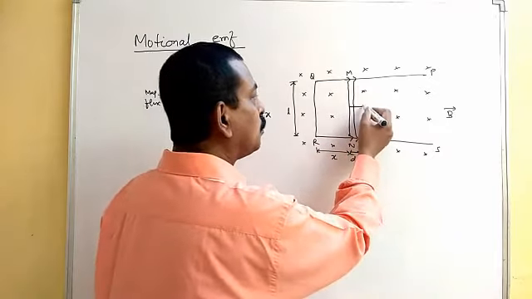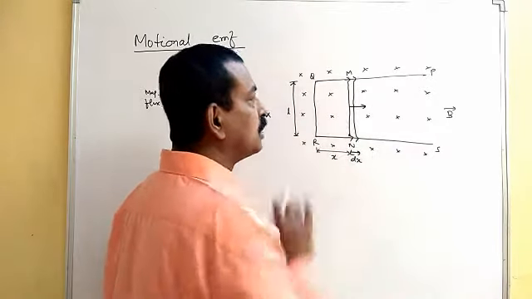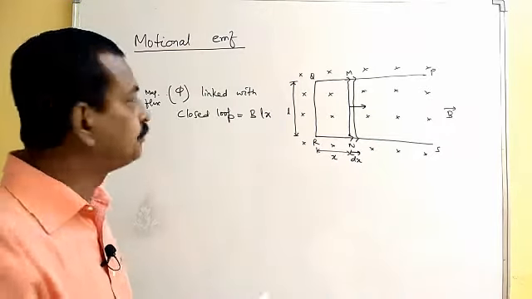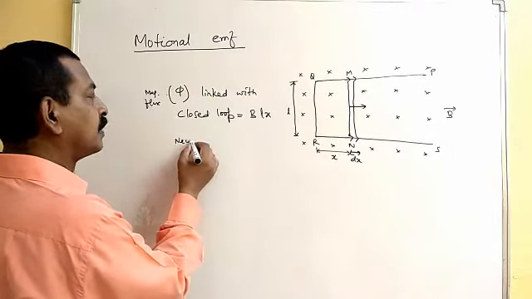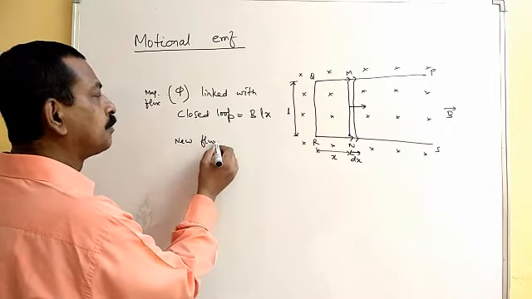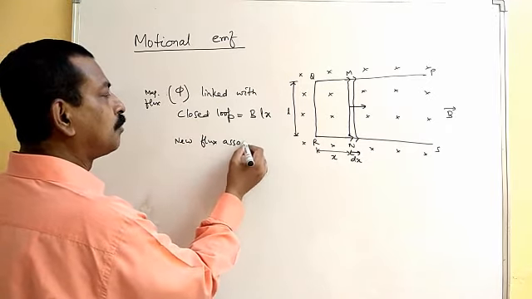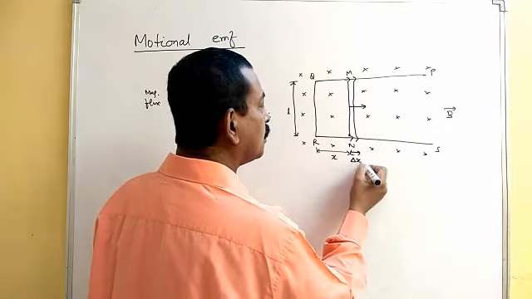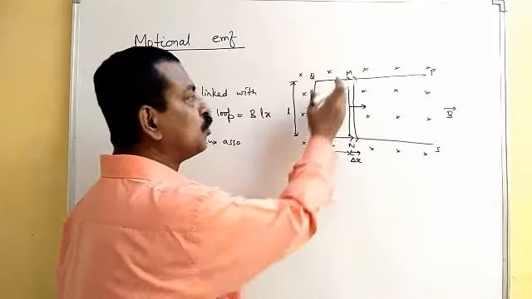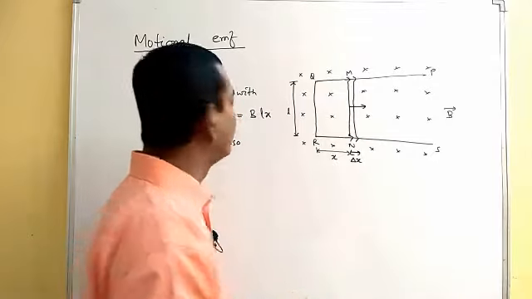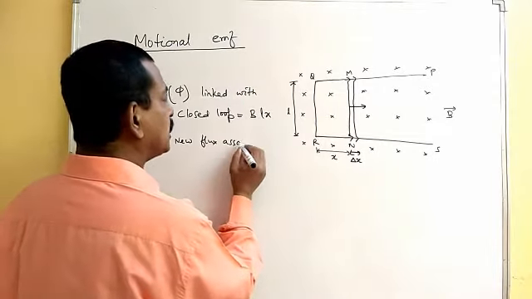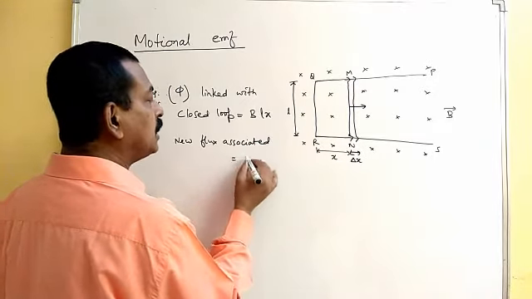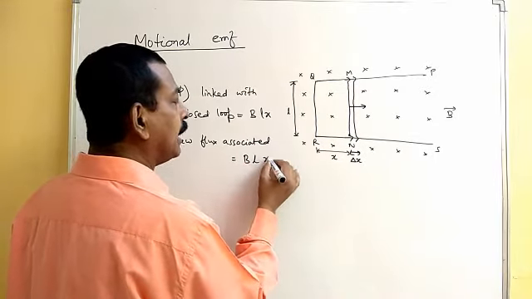If I exert some force and it is moved, the new flux associated will be equal to BL(x plus delta x).